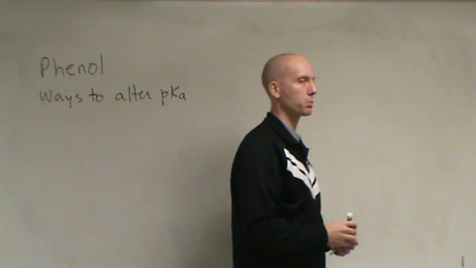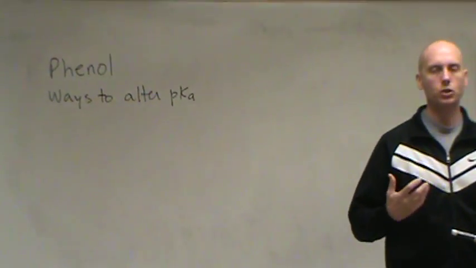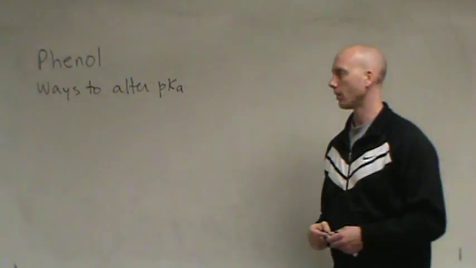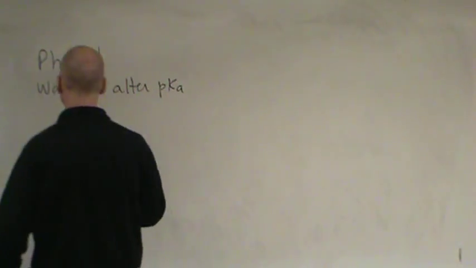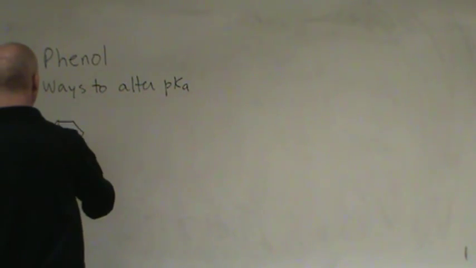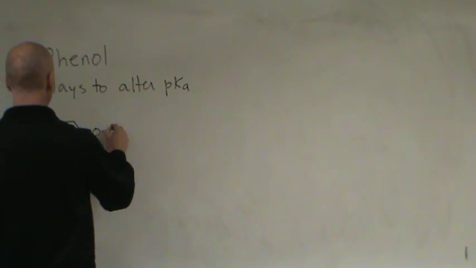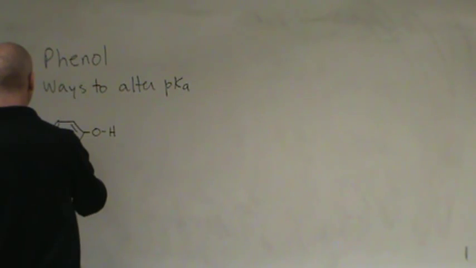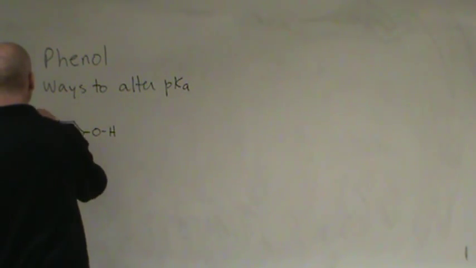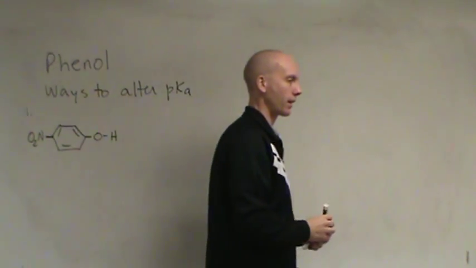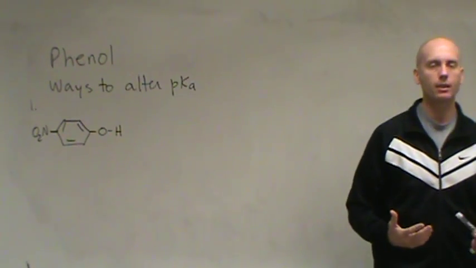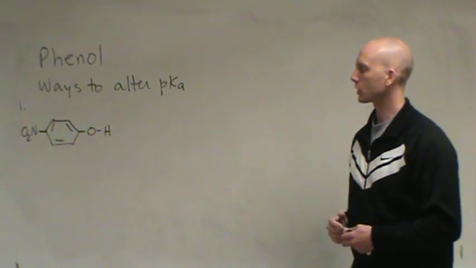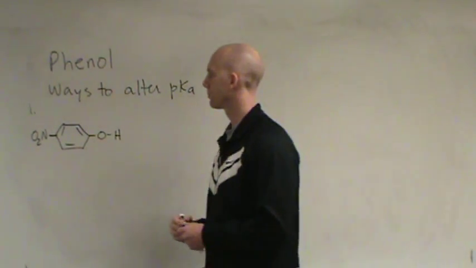What we want to look at specifically are ways to alter the pKa of phenol. This first way here, let's put on the ring, say, a nitro group, NO2.